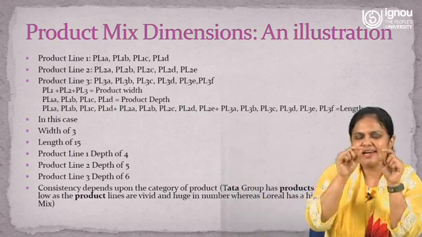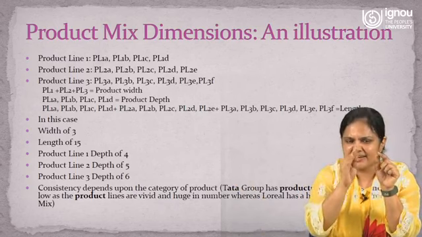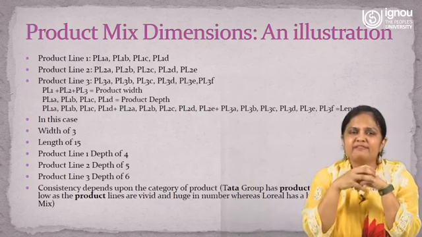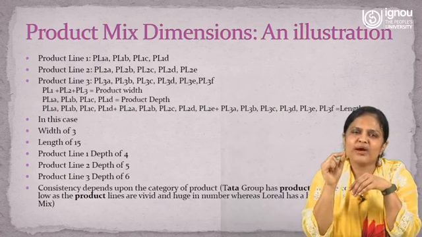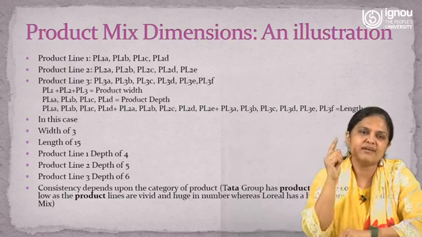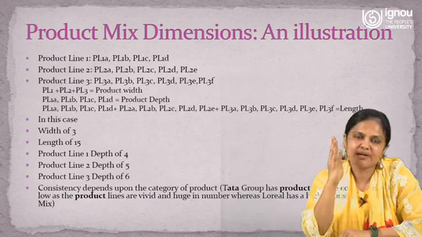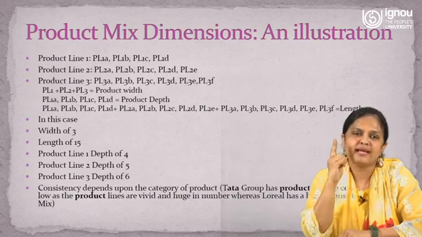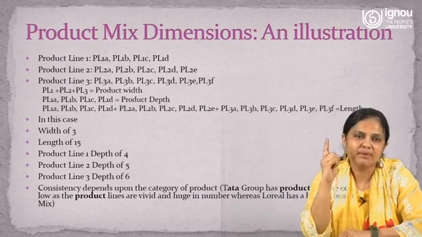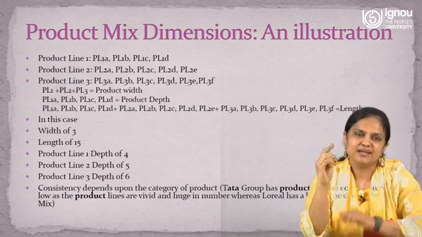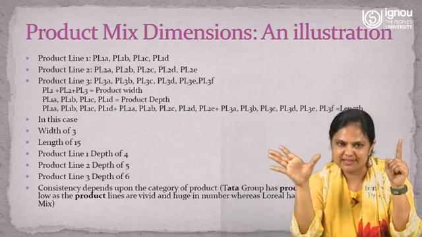There are various variants of soap, someone has lavender, someone has lemon, or someone has creamy base. So in this example, company XYZ Limited has a product line 1 which has 4 product items, PL1A, PL1B, PL1C and PL1D. So one product line, 4 variants, right.